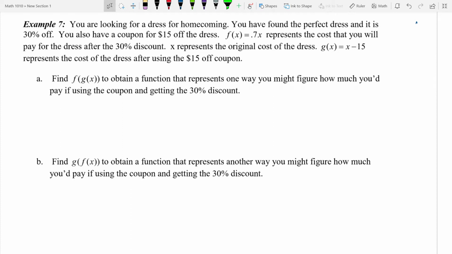So why wouldn't you get the same number? Talk about that. Talk to each other. Why don't you just get the same answer?